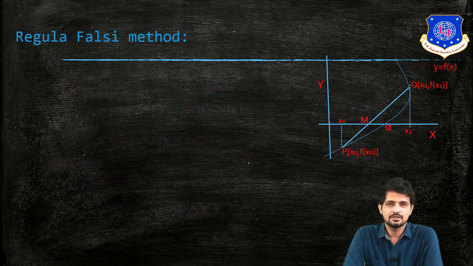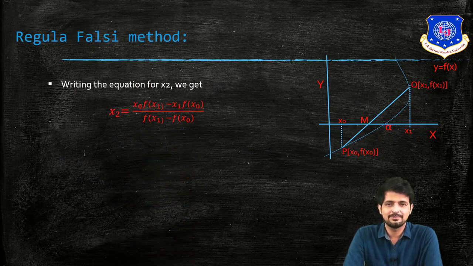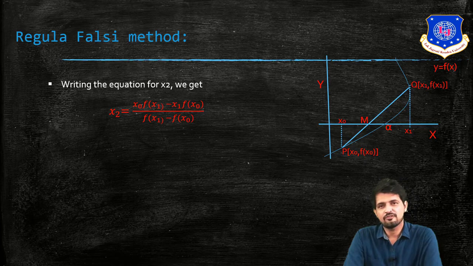I am not showing the whole method to derive the formula. We have to just remember this. This formula is the same as the formula of xn plus 1 that was given for solving the numericals: xn plus 1 is equal to a into f of b minus b into f of a upon f of b minus f of a. There is no need to remember this formula.